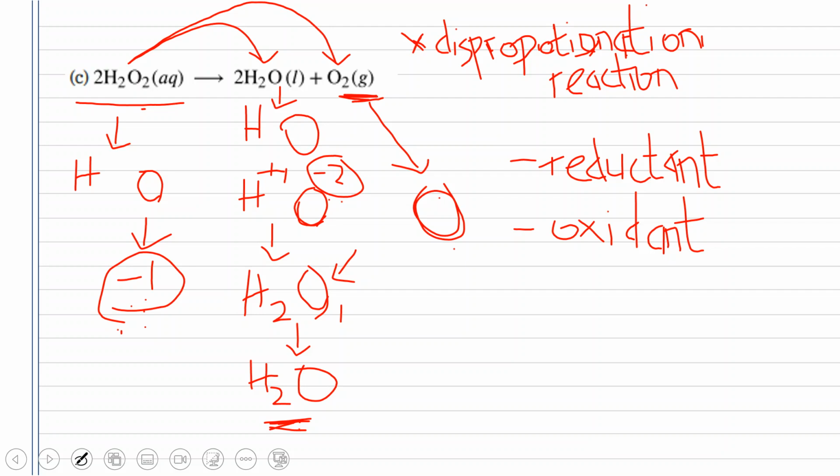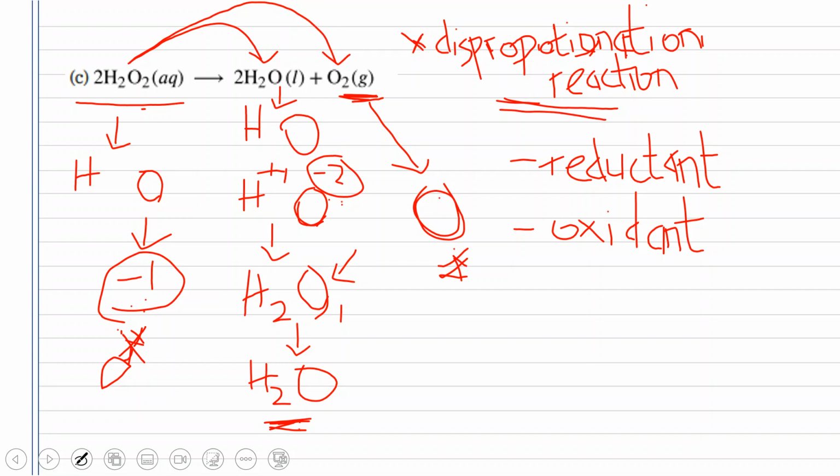That same oxygen now is undergoing reduction where it's gaining electrons. Okay, so because it's -1 here, the only way it can become 0 here, it lost that 1 electron. Now that same oxygen is -2 here. The only way it's -2 is that it gained 1 more electron. So we see the same oxygen acting in 2 ways. It's acting as the oxidant, at the same time it's acting as a reductant. So we call this type a disproportionation reaction.